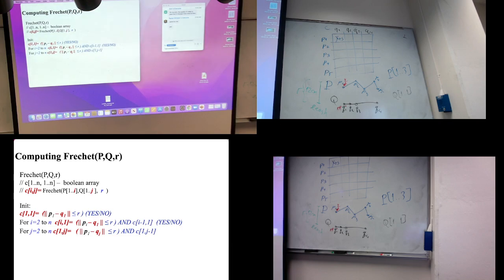So C11 in particular is 1 in this case. And how do I know in the initialization what C11 is? I'm checking if the distance between P1 and Q1 is smaller than or equal to R. Remember, it's a Boolean value.